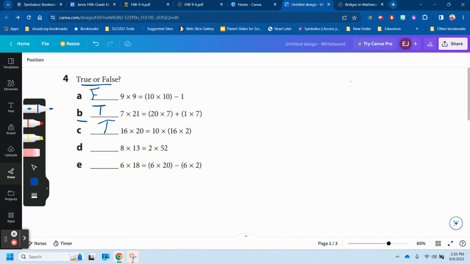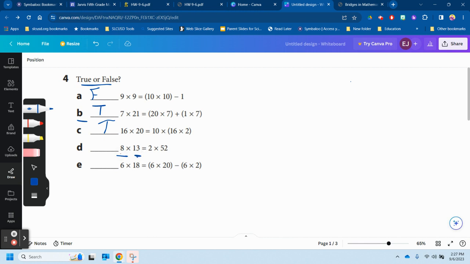So now here's what we've been doing. This one's a little tricky. 8 times 13 is equal to 2 times 52. Now we really worked on this today. If you divide by 3 or divide by 4 one factor, you can multiply that same component to the next factor.